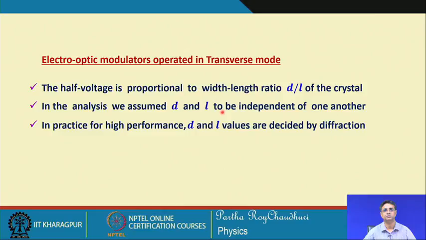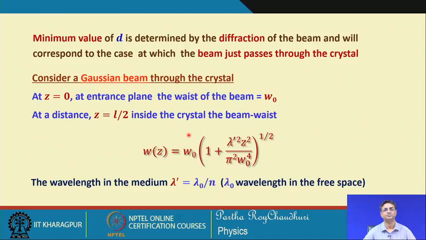The relationship for optimum performance comes from the diffraction of the light beam within the crystal. That part we are now going to discuss, and this is very useful in modulator design and can be applied to such crystal modulator designing.